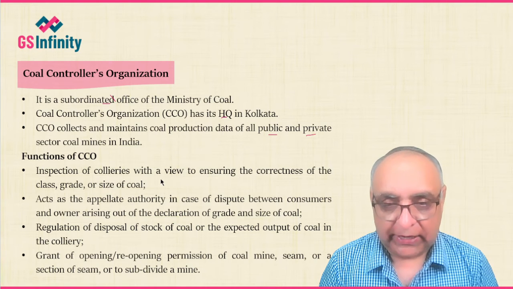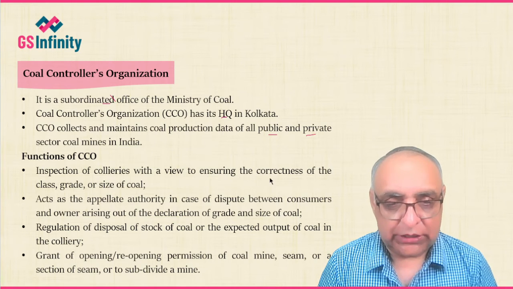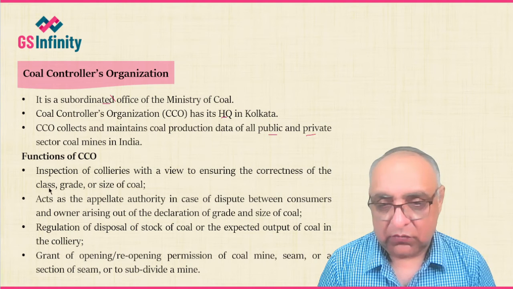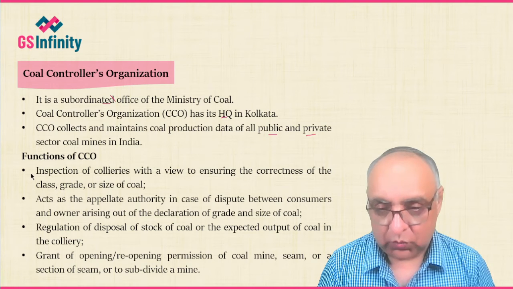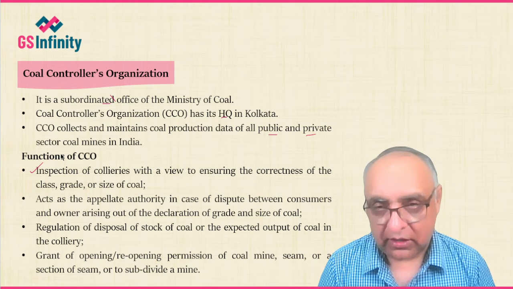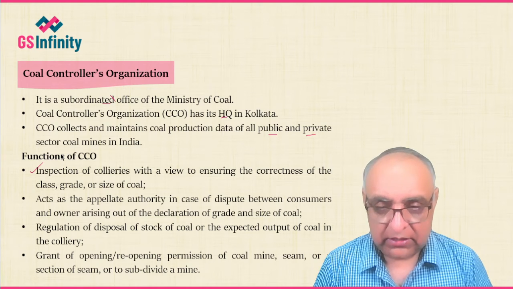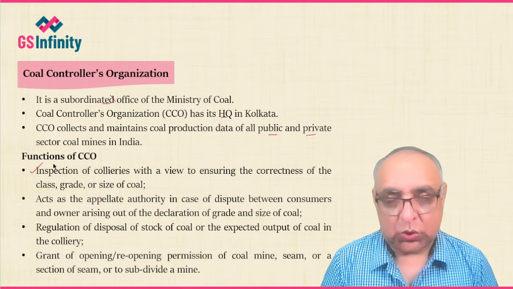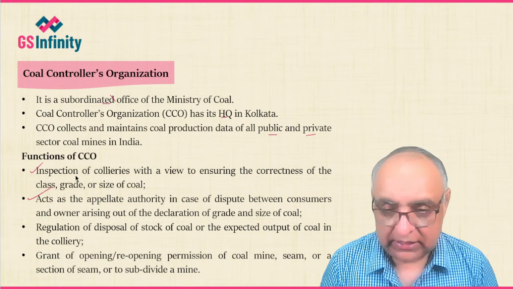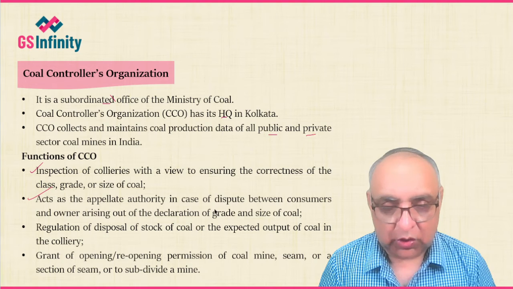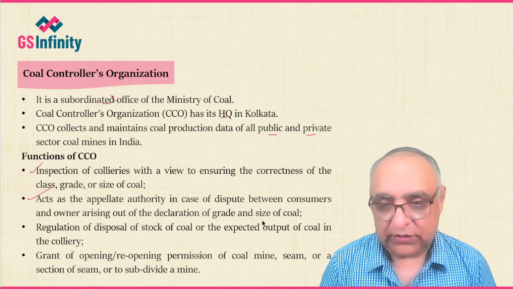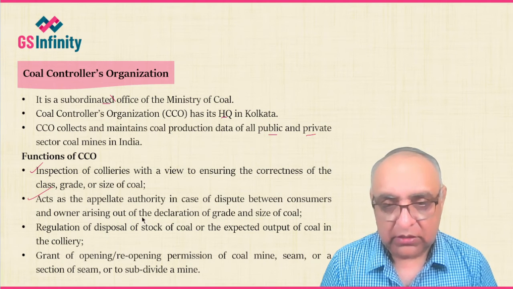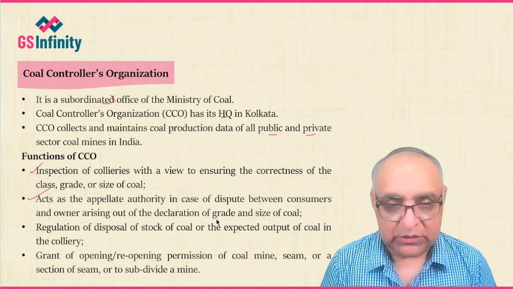Functions of CCO, that is the Coal Controllers Organization. Inspection of collieries with a view to ensuring the correctness of the class, grade and size of coal. So it has to keep an eye on the class, grade, size of coal in various collieries. Second, it acts as the appellate authority in case of dispute between consumer and owner arising out of the declaration of grade and size of coal.